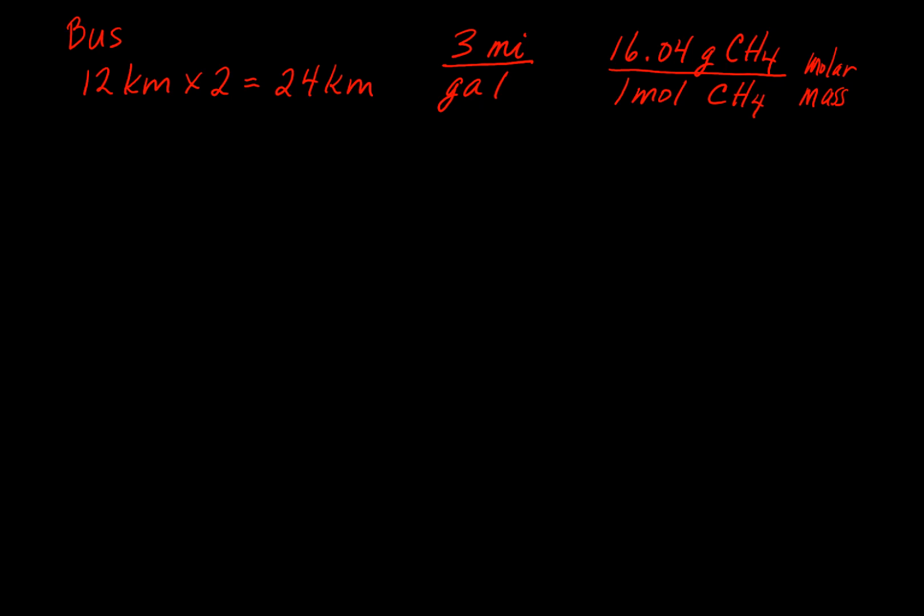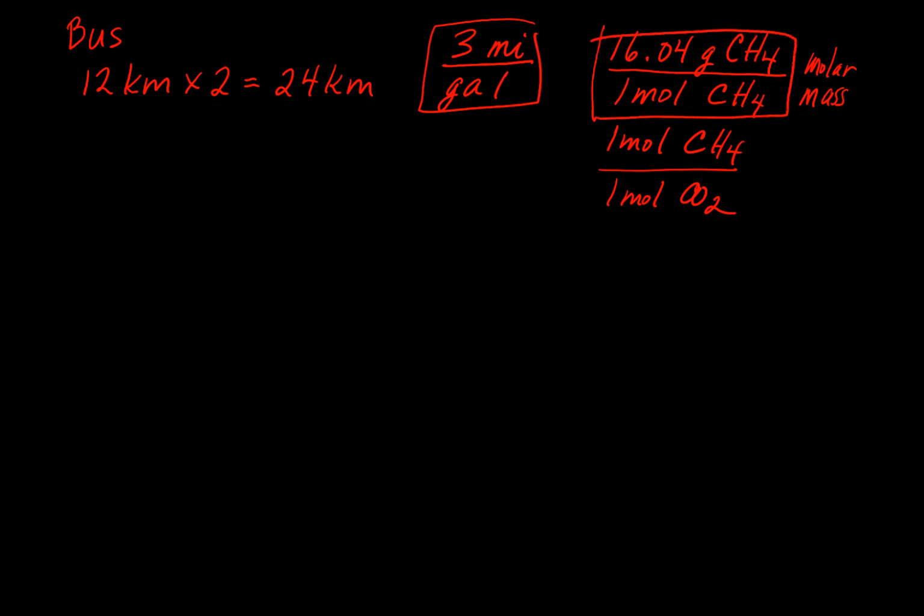And then the other piece of information you're given is that for each mole of methane that's burned to power the bus, 1 mole of CO2 is emitted into the air. So these are the 3 conversion factors that you're given in this problem that you're going to want to use in the calculation.